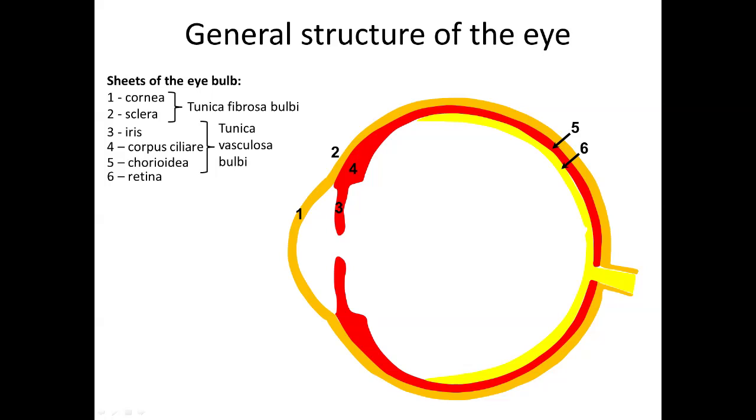And this core consists of liquid, a gel-similar structure, corpus vitreum, and a very interesting structure, the lens. So let us try to investigate the core of the eyeball.